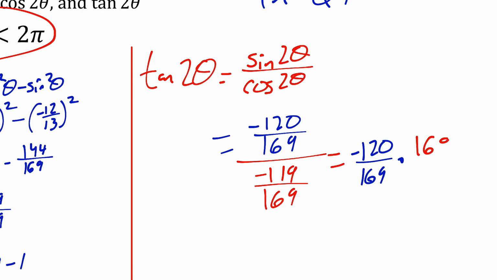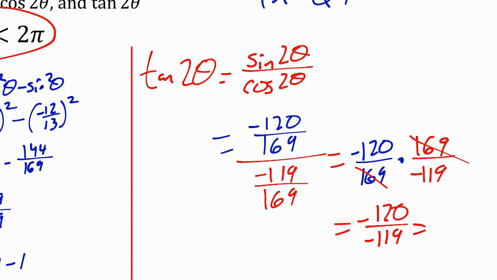So we get 169 over negative 119. It's nice that the 169s cancel out, and we're left with just negative 120 over negative 119. If you want to clean that up a little bit more, that's a positive 120 over 119. So if you already know the sine and cosine, just use those to find the tangent.